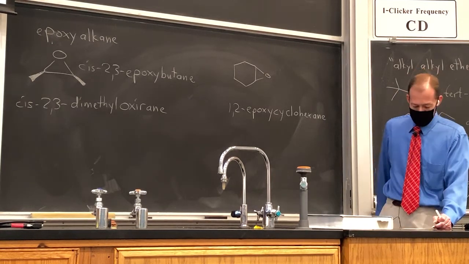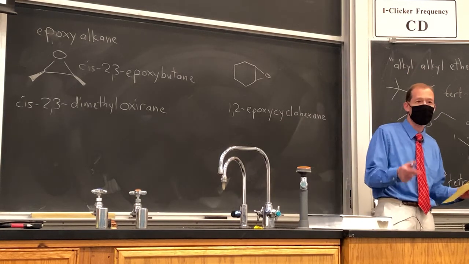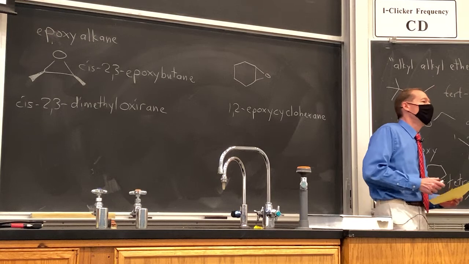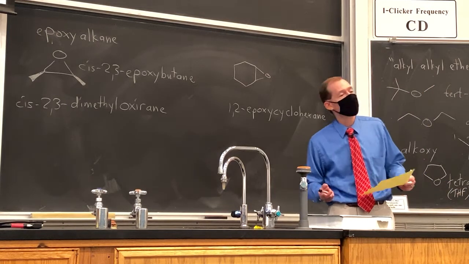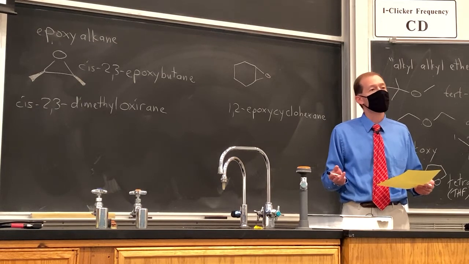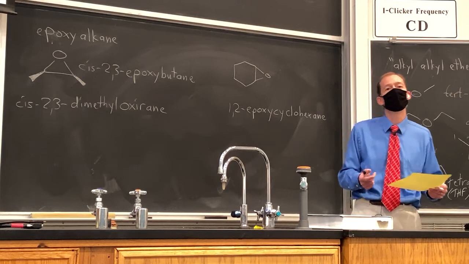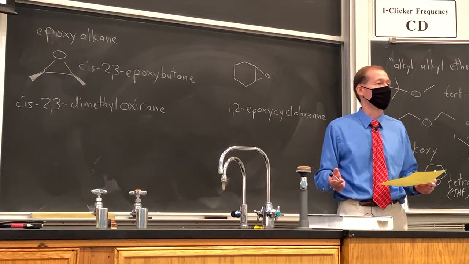So our third method of naming epoxides is typically only used for very simple epoxides, and it is derived from the fact that in the chemical industry, epoxides are usually synthesized from alkenes. Epoxides are very useful in the chemical industry.